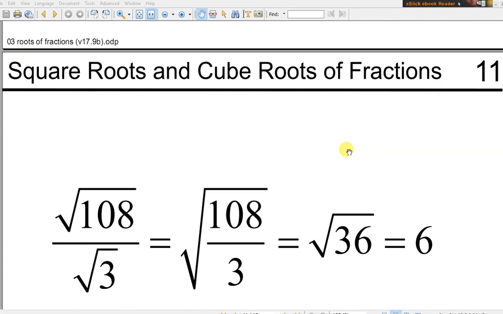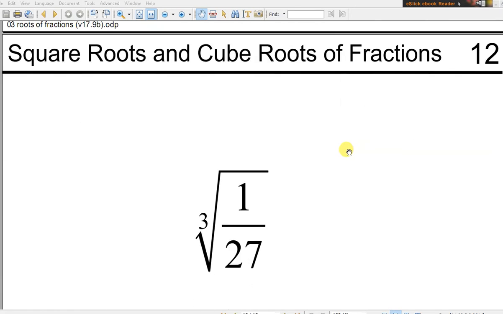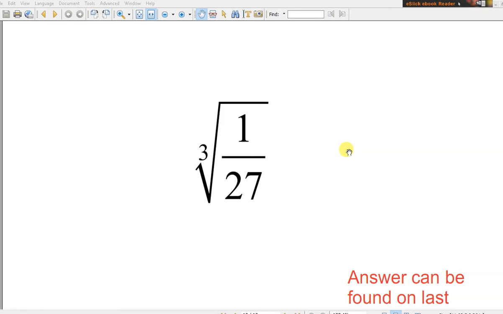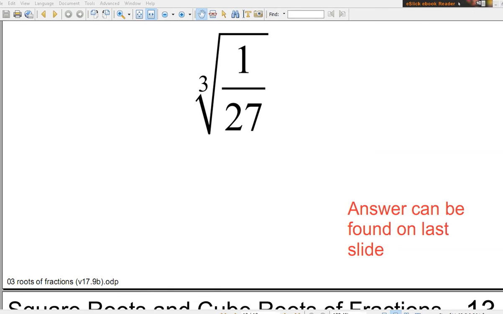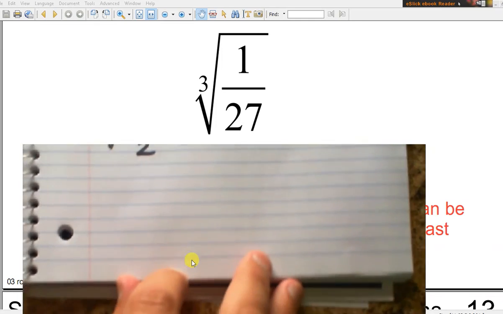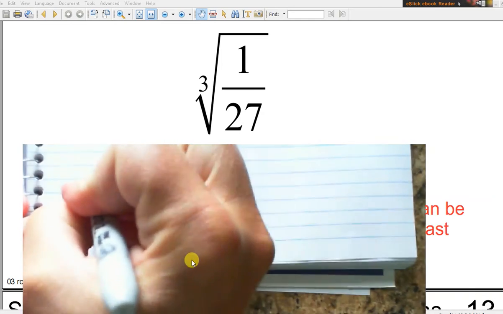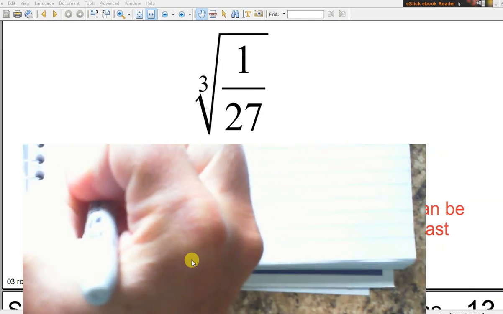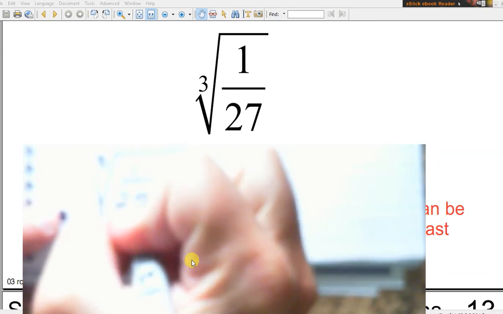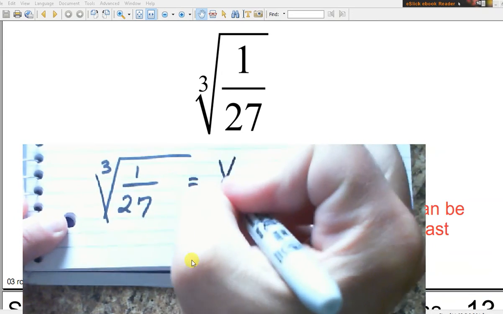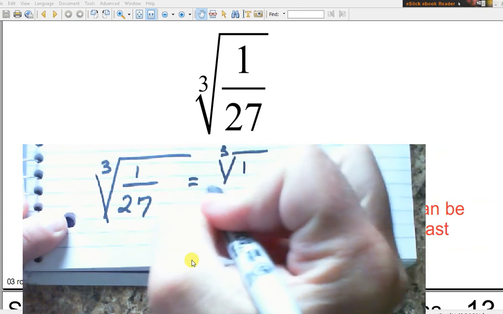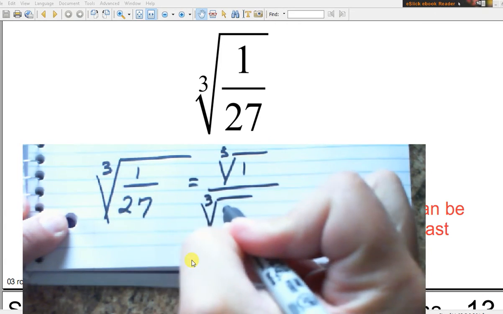Let's try another one. Ooh, the cube root. Let's put this one into our notes. Do you need this one in your notes? Yes, let's do this one in notes. So we've got the cube root of 1 over 27, which is the cube root of 1 over the cube root of 27.